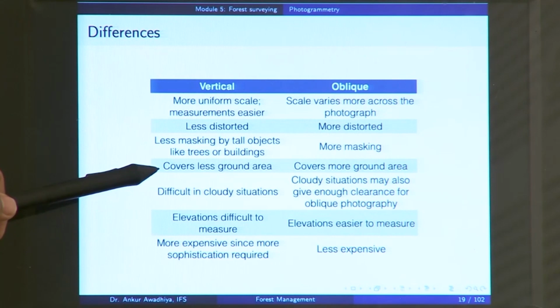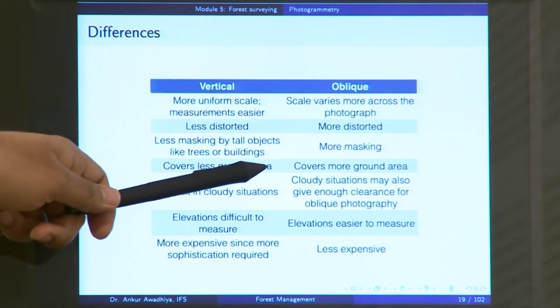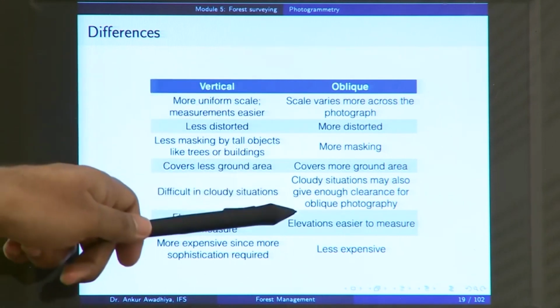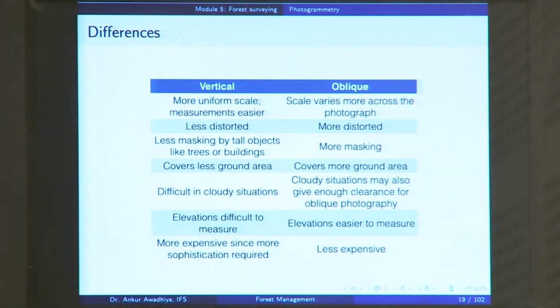Vertical covers less ground area, oblique covers more ground area. Vertical is difficult in cloudy situations. In the case of oblique, cloudy situations may also give enough clearance for oblique photography. Now in the case of vertical, the elevations are difficult to measure, but in the case of oblique, it is easier to measure, because you are getting more 3-dimensional information in an oblique image.